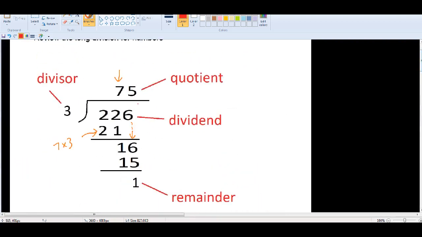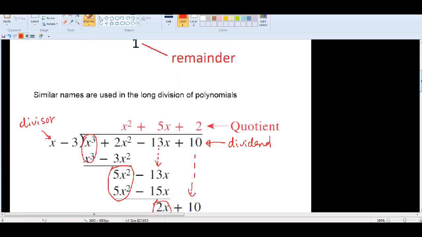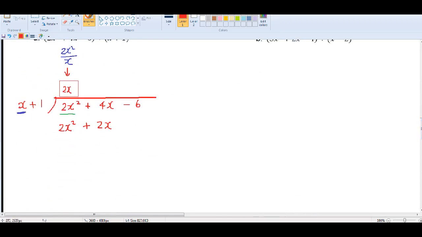If you go back to the numbers, when we got 21 here, the next step was 22 take away 21. Here we are also going to take away, but since this is a polynomial, it could be not that simple, and sometimes we make mistakes due to the sign of the term.